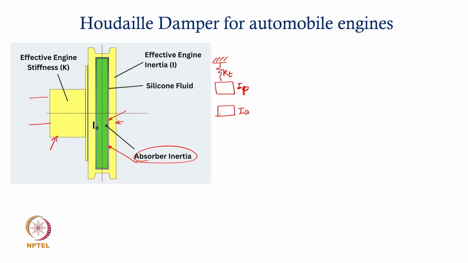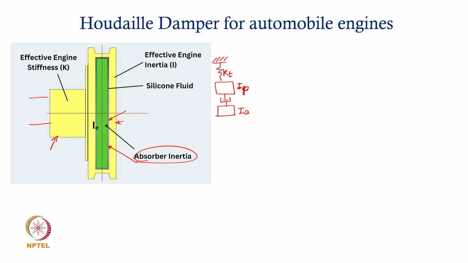The interesting part of this connection here is that it is not connected by a spring and a dashpot, but just a dashpot. Okay, assuming that the fluid does not provide any significant stiffness, but quite a substantial amount of damping. So the connection is through a dashpot, and this is a novel design that came almost like a century back, and then started getting used extensively in automotive engines.